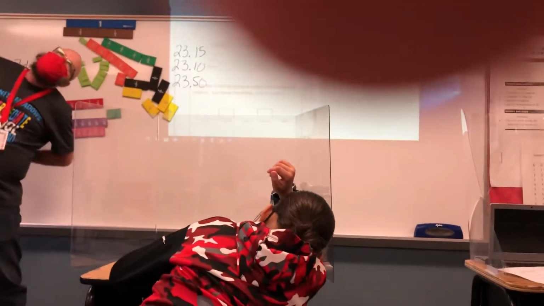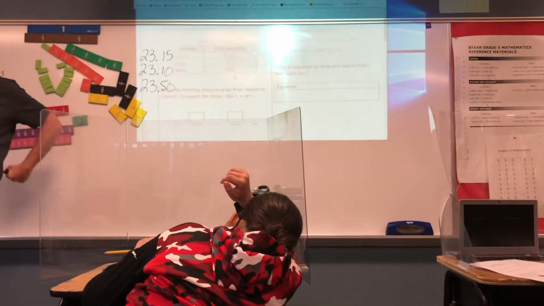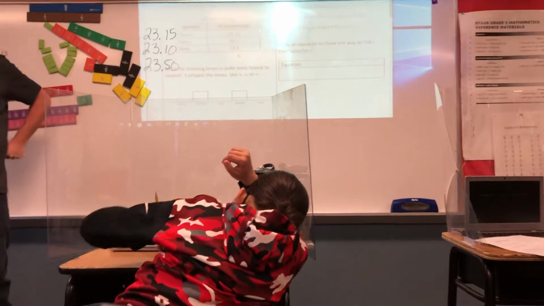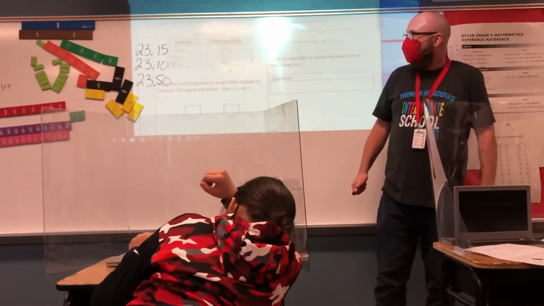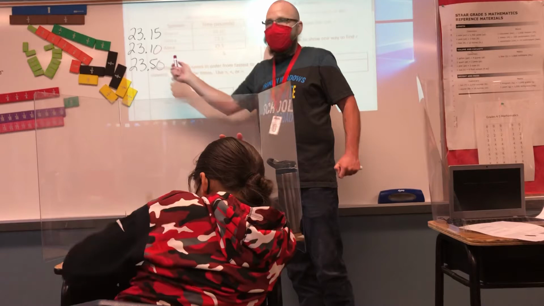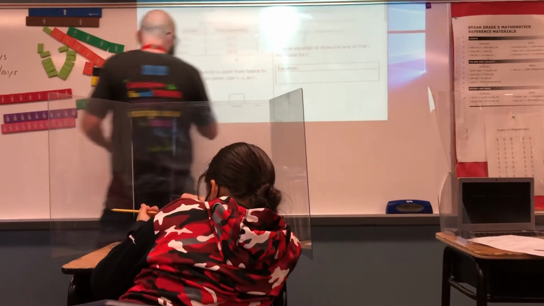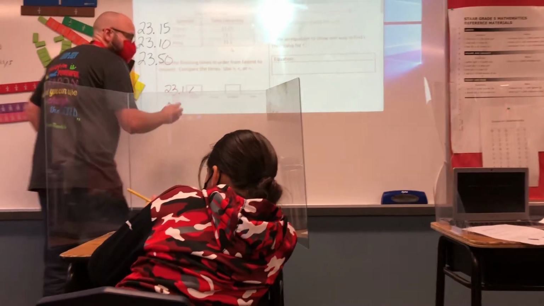I'm sorry, Mr. McMurdo, I really haven't been paying attention until you called on me. But it's 23. And what? 23 and 1/10, or 23 and 10 hundredths. So that should be your first one. 23 and 1/10, which is less than.